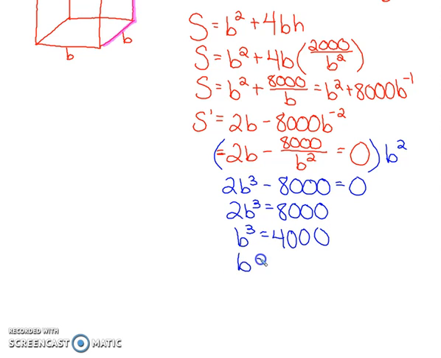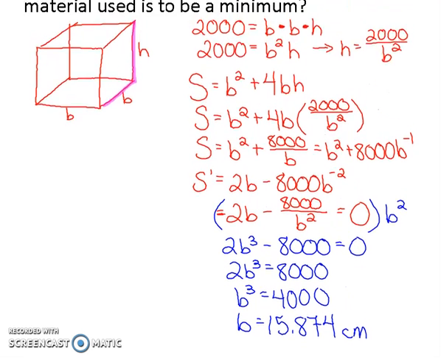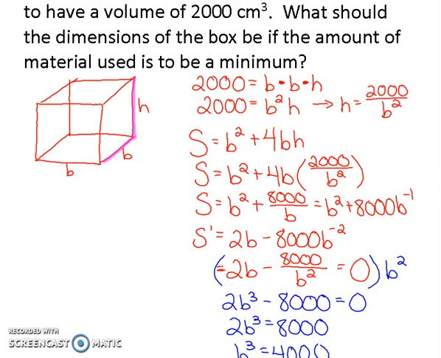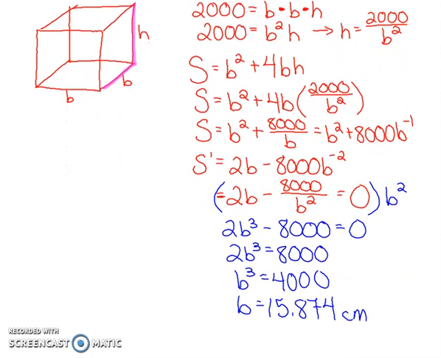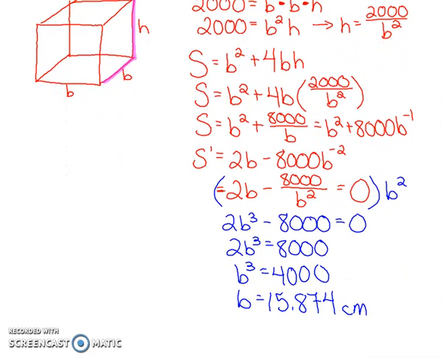And b ends up equaling the cube root of 4,000, which is 15.874. And that's measured in centimeters. So now that I've found my base length, let's go up here to the problem again. What should the dimensions of the box be if the amount of material used is to be a minimum?